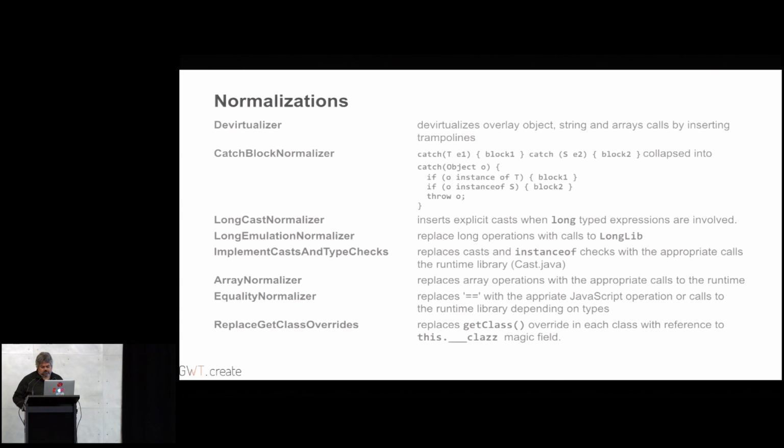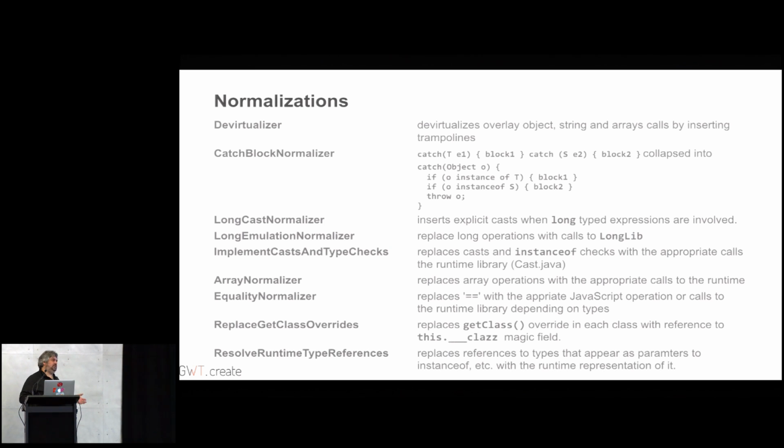And we do special processing to make sure that we don't create class literals that are not used. So if you have a ton of classes, but you perform a get class on only a few of them, we know which ones are referred, which class literals to keep, and which ones we can just not have.